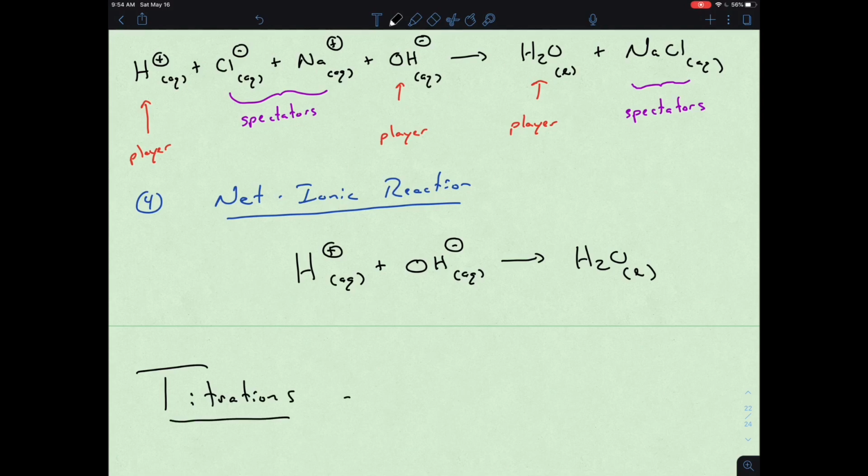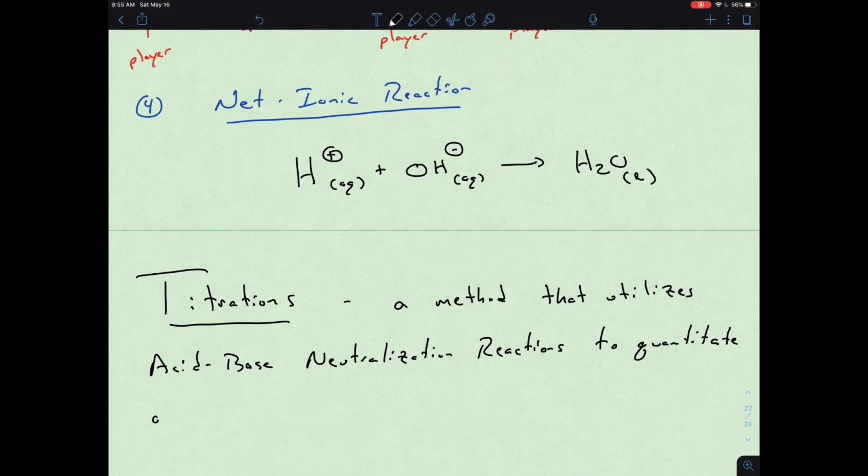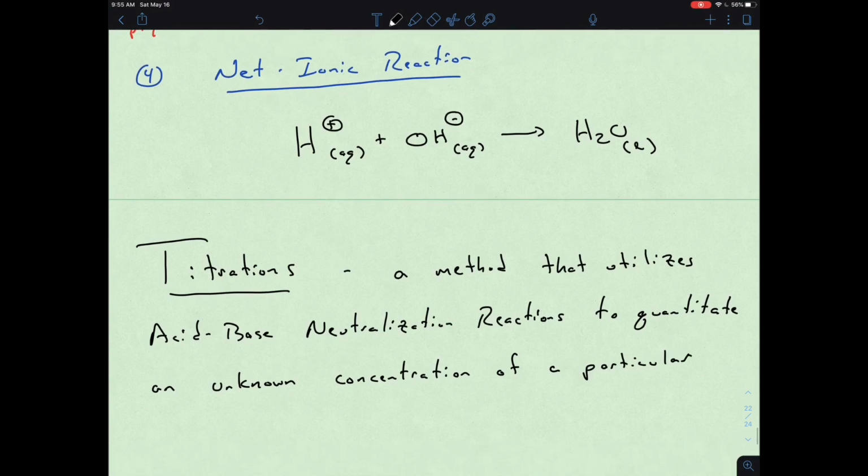Titration is a method that utilizes acid-base neutralization reactions to basically quantitate an unknown concentration of a particular acidic or basic solution.